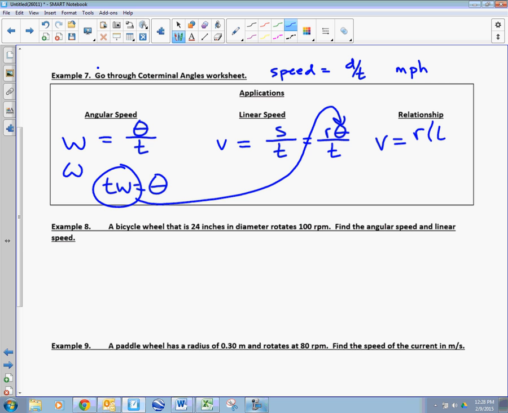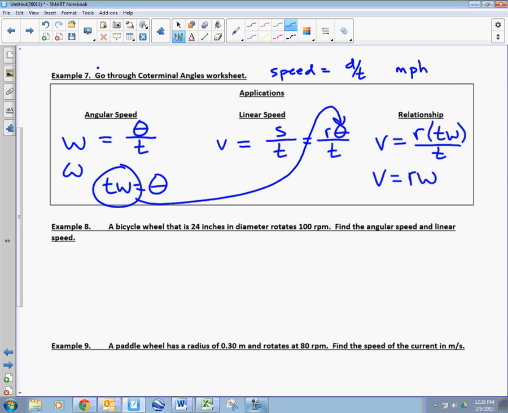T W or T omega, however you want to say it, divided by T. The T's cancel, so velocity, instead of using that formula, which is sometimes tough for people to find, you could just simply take r and multiply by W or omega. So if you find your angular speed, then you can find the linear speed very quickly. Just take radius times your angular speed.